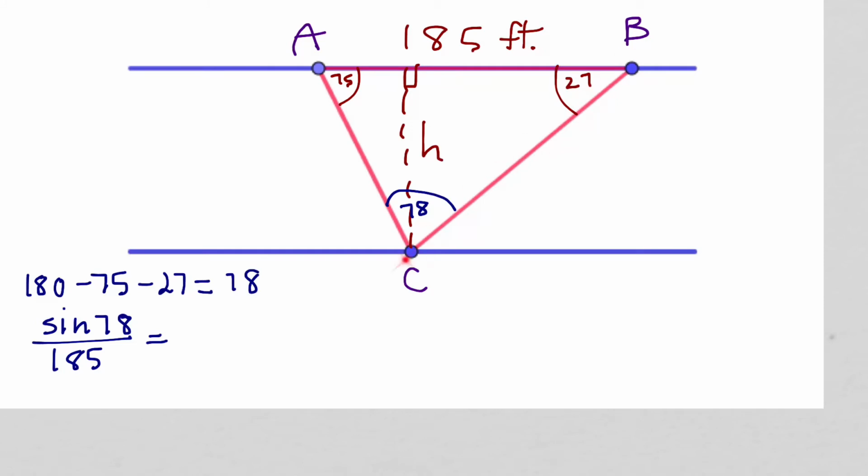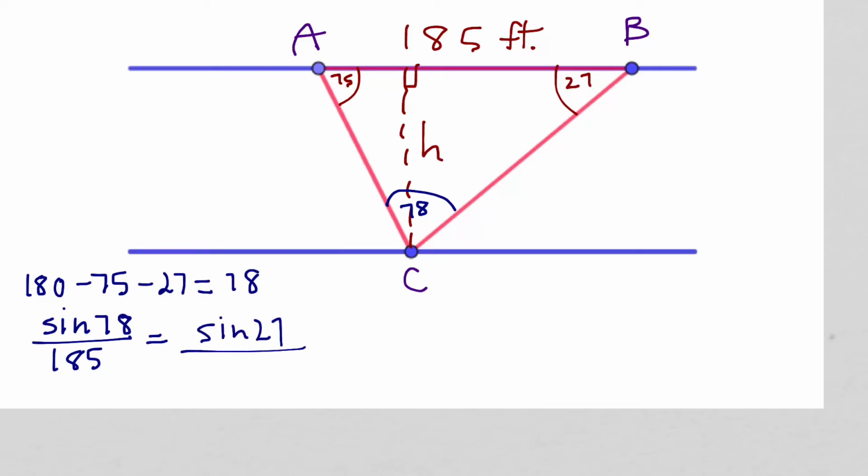You could choose either one. Let's use this right triangle, and figure out this side using the law of sines. So sine of 78 over 185, that's this. If I want this side AC, then that side is across from this angle here. So I would say sine of 27.